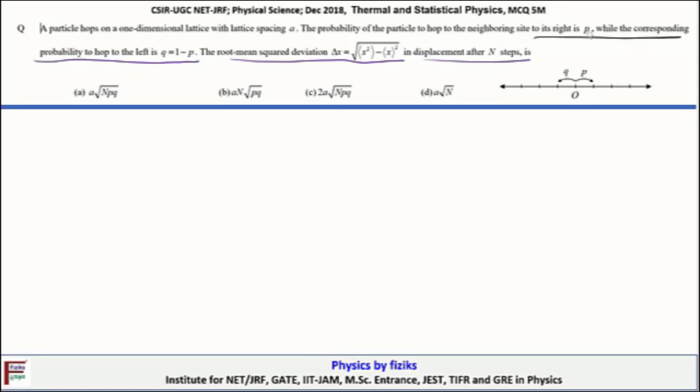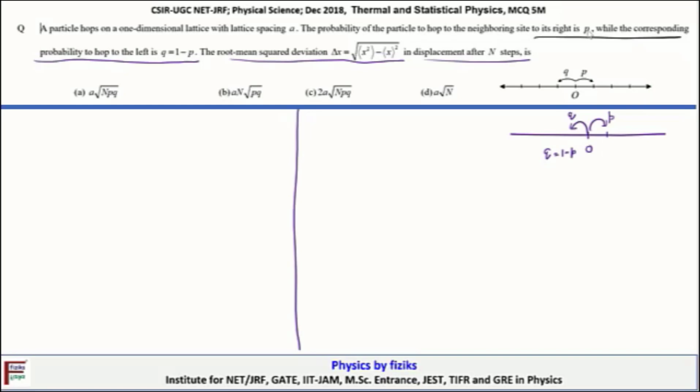Okay, so this is basically the problem related to the random walk problem in one dimension. So let's try to understand this problem. So we are given a situation where a particle can move either, suppose this is the starting point, to the right with a probability equal to p, or it can move to the left with probability q, where q is given to be 1 minus p.